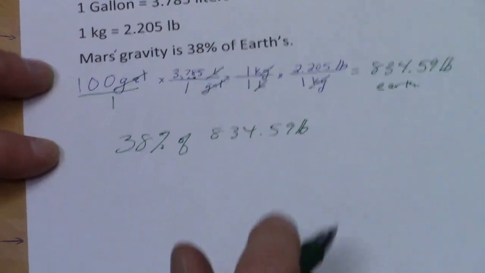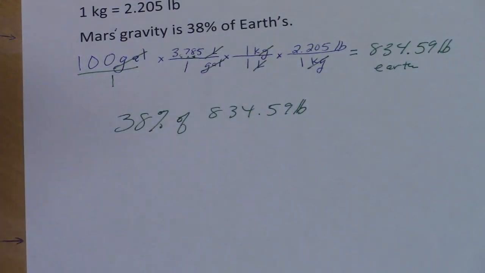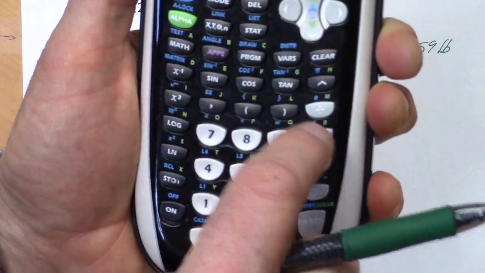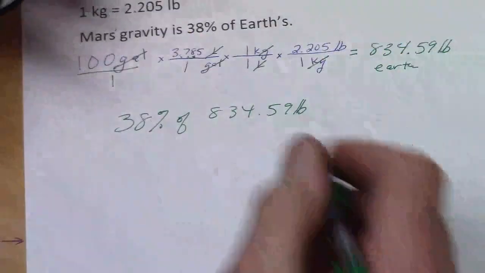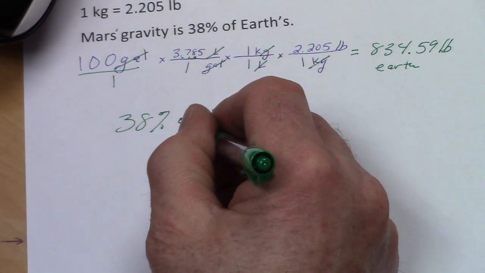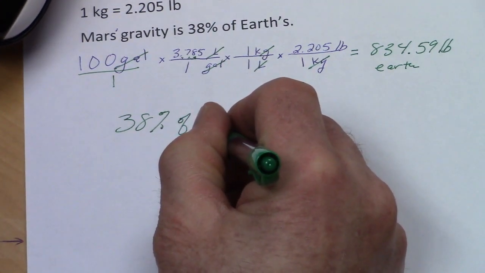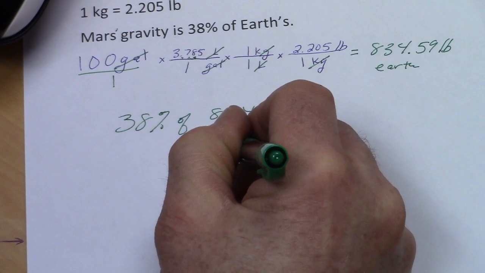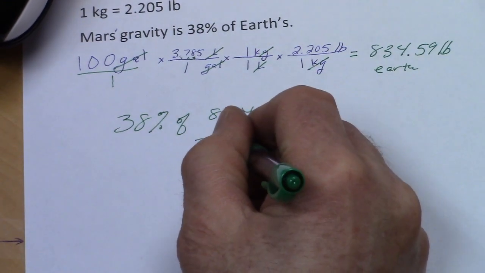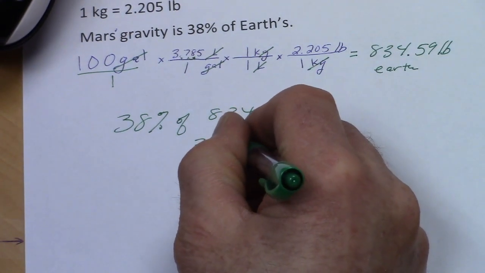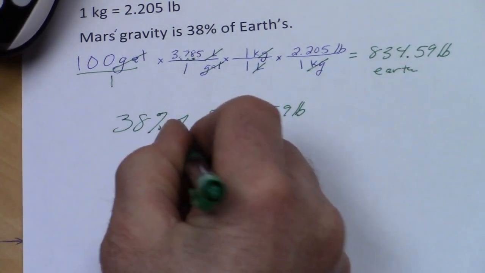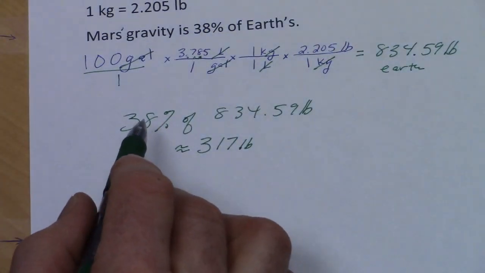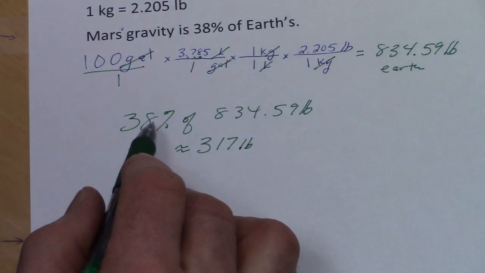So fortunately I have that 834 already in my calculator, so I'll just take that answer and go times 0.38, and I've got 317. So 100 gallons of water on Mars would only weigh about 317. I'm not going to carry out the decimals. About 317 pounds. It's not exactly 38%.